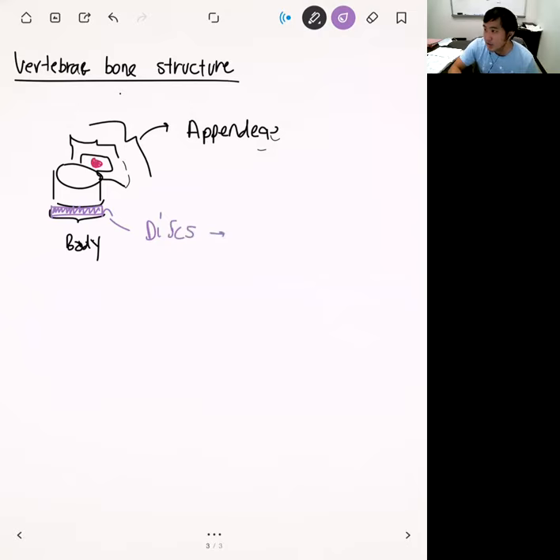These discs essentially act like a shock absorber for the spine. Because of their structure, they're able to expand and contract very easily depending on the loads that are applied.